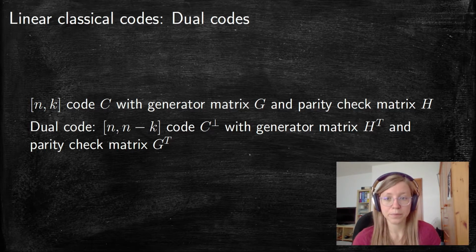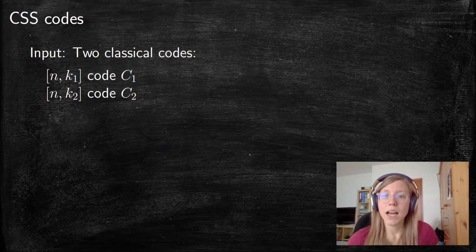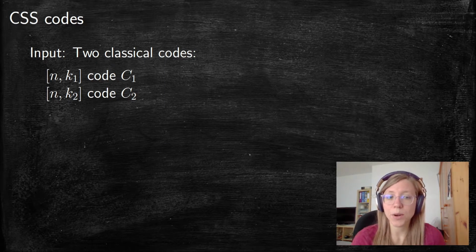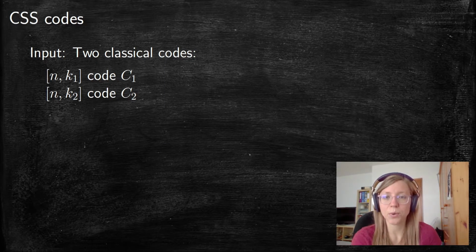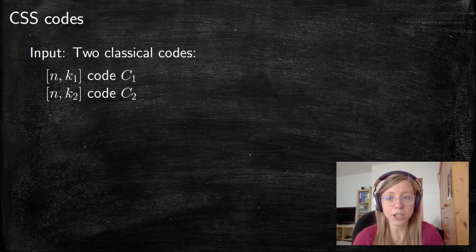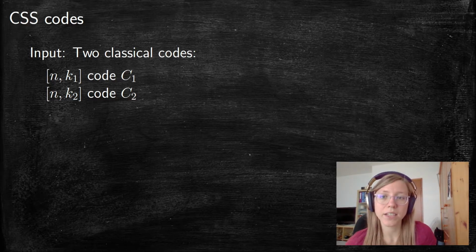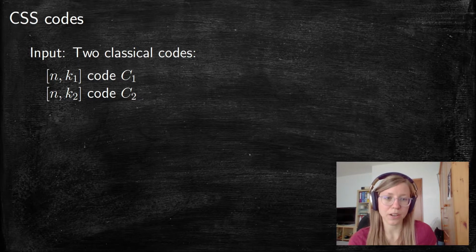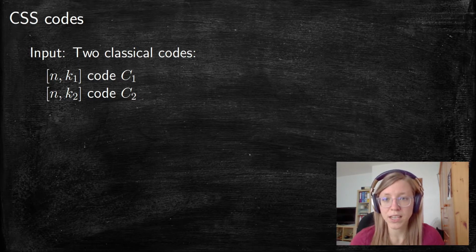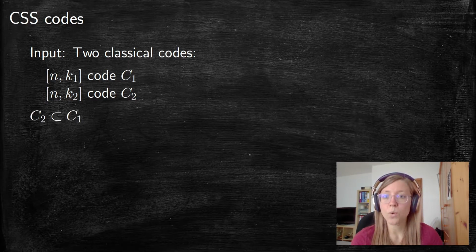Okay, now we come to quantum error correction. So we now want to define Calderbank-Shor-Steane codes using the definitions that we have given for classical linear codes. So the concept is the following. As an input, you use two classical codes, an [n, k1] code C1 and an [n, k2] code C2, where C2 is a subset of C1.